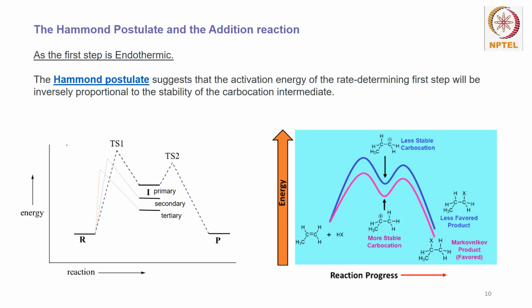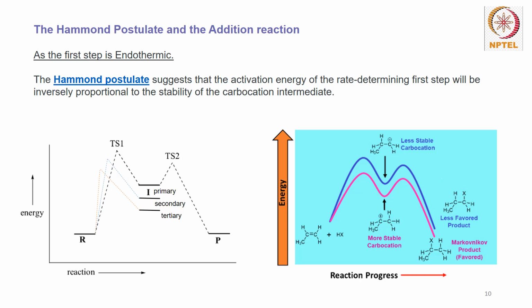Now the Hammond postulate suggests that the activation energy of the rate determining first step will be inversely proportional to the stability of the carbocation, as in case of SN1. In case of SN1, the leaving group leaves from the system and forms the carbocation. Here the double bond traps an electrophile and forms a carbocation.